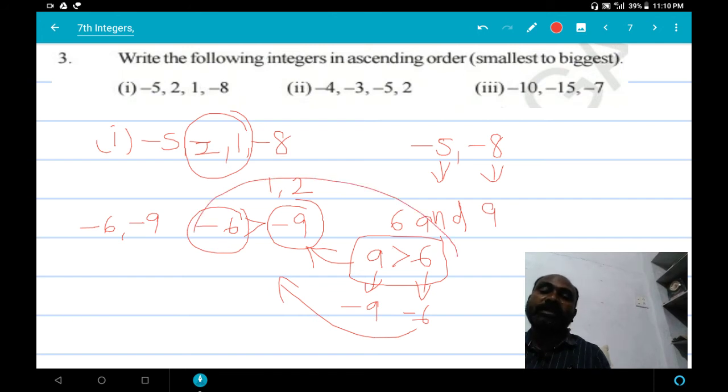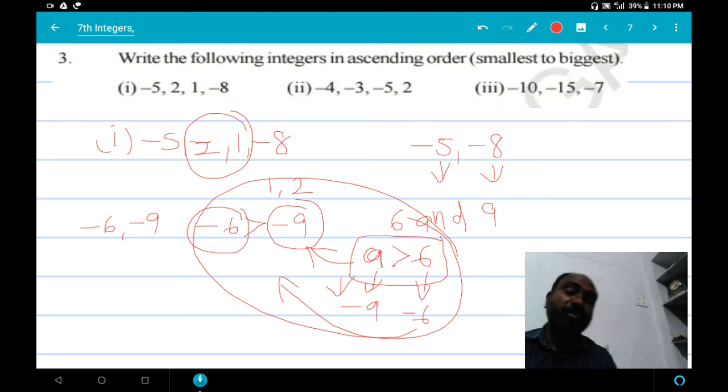For positive integers, the bigger is bigger, but according to the sign, when comparing only negative numbers, the bigger number is smaller.